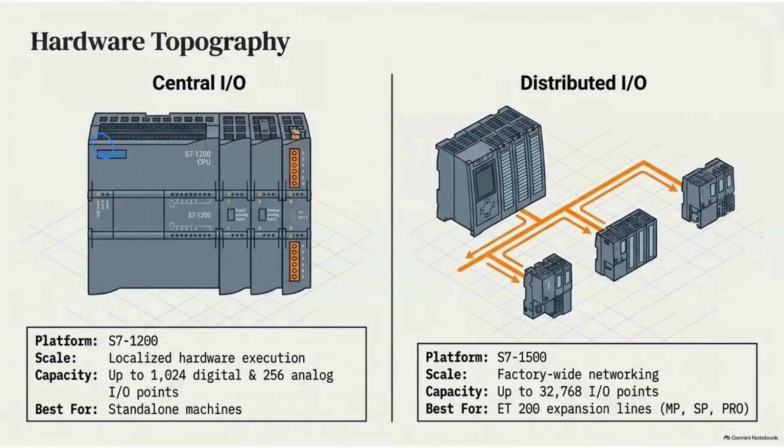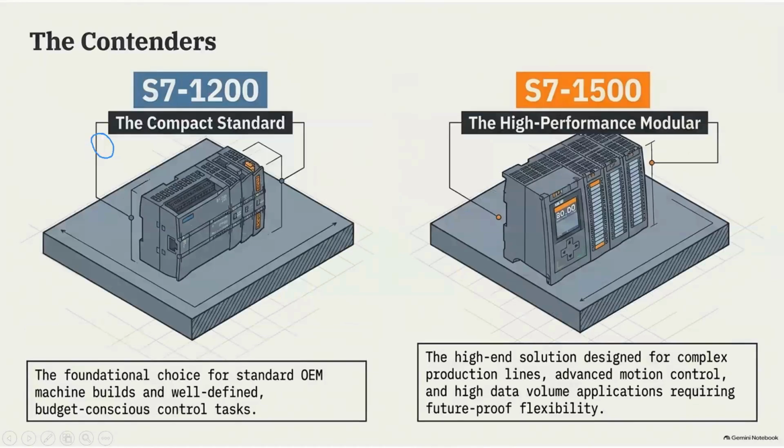There are many huge areas, and many inputs and outputs coming from various locations. For this, we need a distributed control system. In such locations, an S7-1500 will be used. Here it is mentioned, S7-1200 is best for standalone machines. So this is all about S7-1200 and S7-1500.